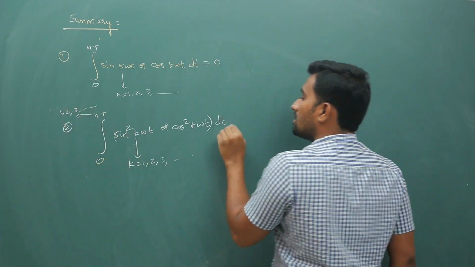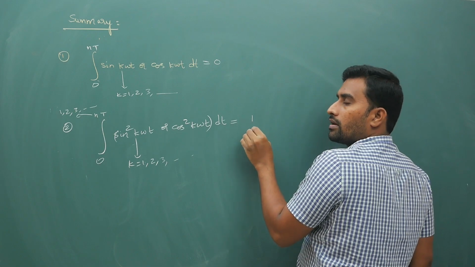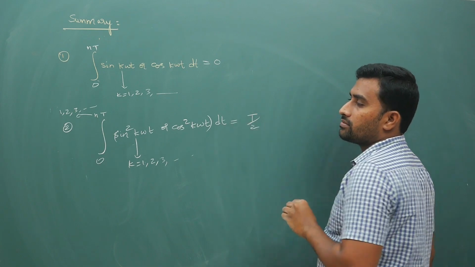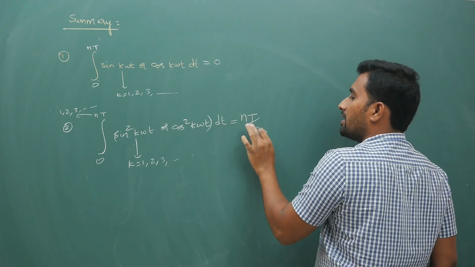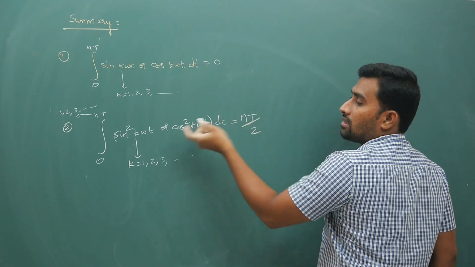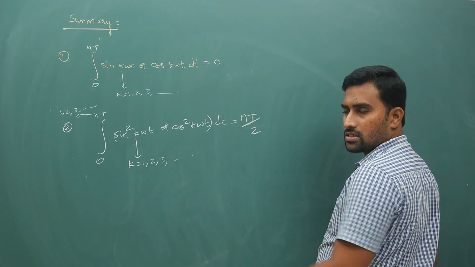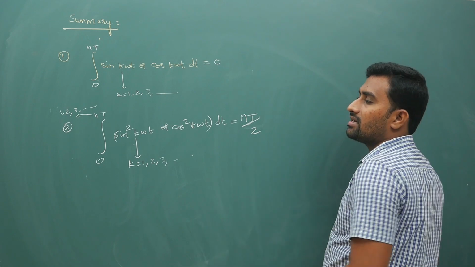All these values are equal to nT by 2. Here n is the number of cycles. If n is 1 cycle, it is T by 2.